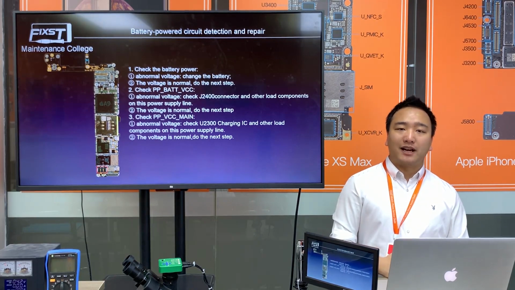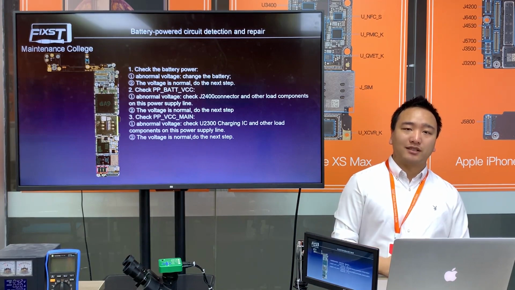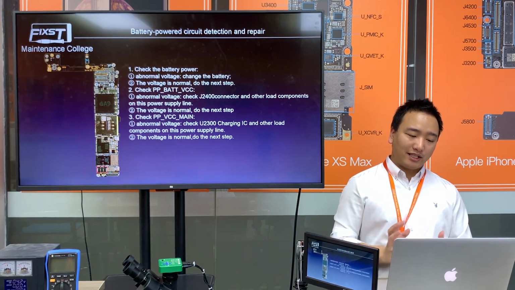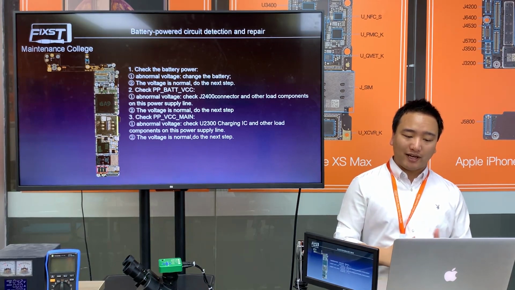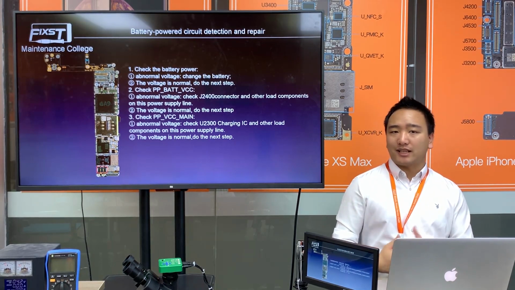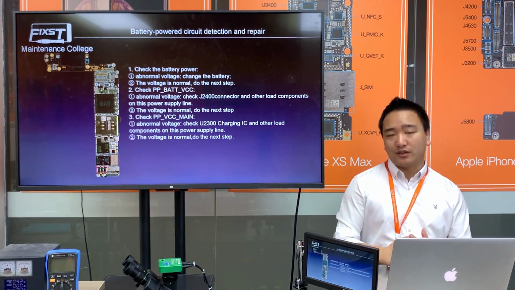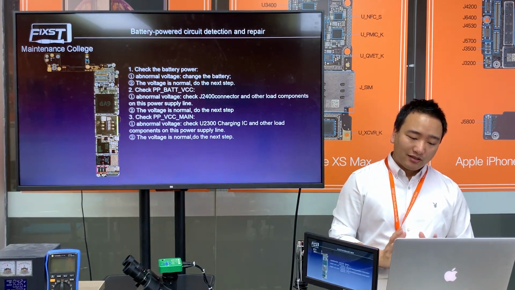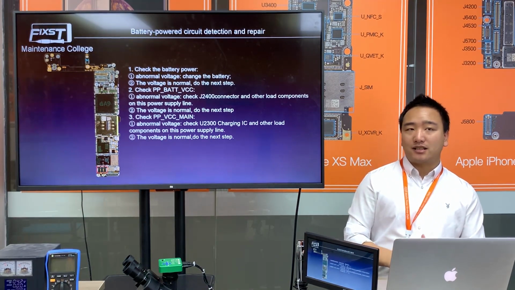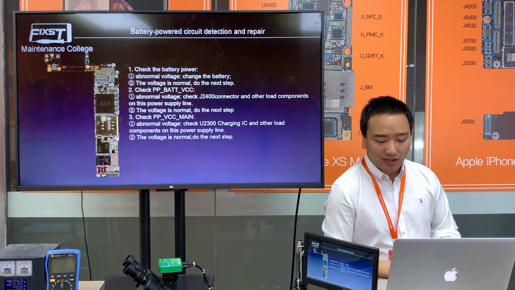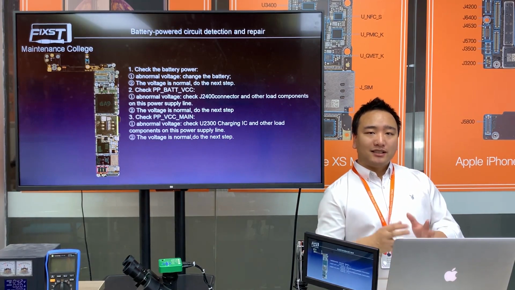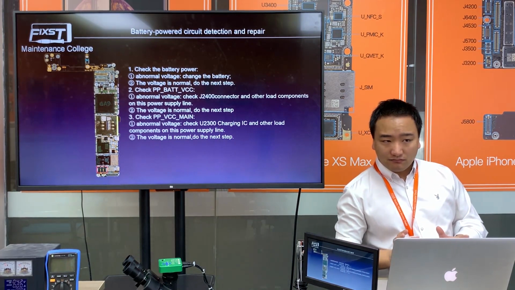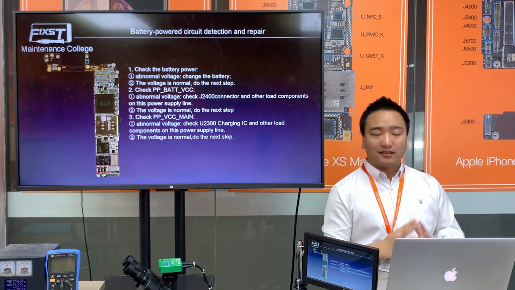If after rechecking it's not a battery problem, the next step is to test the PMU. We need to check whether the PMU is working normally or not. So we need to check whether PP_BATT_VCC, this power, this voltage, is normal, because this is the original power the PMU works from. PP_BATT_VCC is very easy to check.